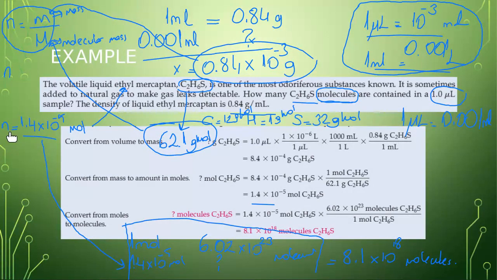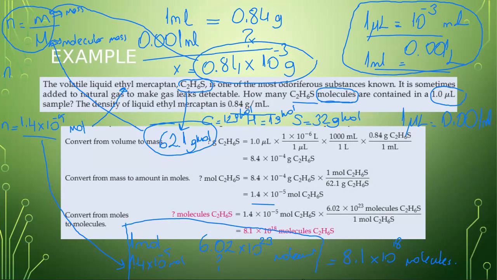And then you know that 1 mole of any molecule, carbon monoxide or water or ethyl mercaptan, has the same number of molecules. So when you have the mole, you know how many molecules you have, that's it.